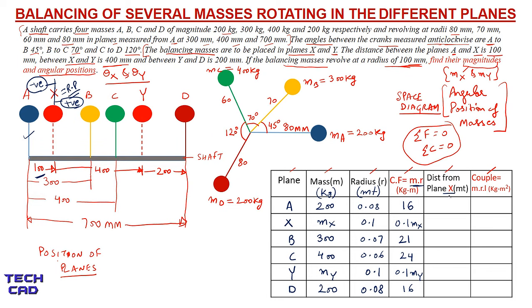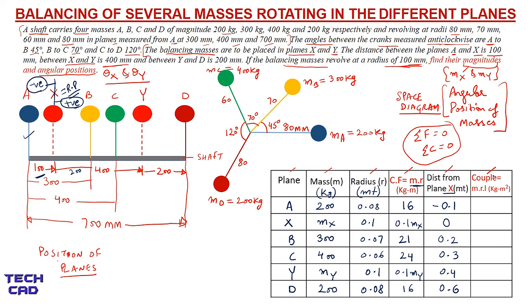So this will be minus 0.1, minus because it is on the left side of the reference plane. For plane X, there is no distance from plane X, so it will be considered as 0. Plane B is 200 mm away from plane X, but on the right side, so we will consider it as positive. All other planes are on the right side of the reference plane, so the distances are positive.